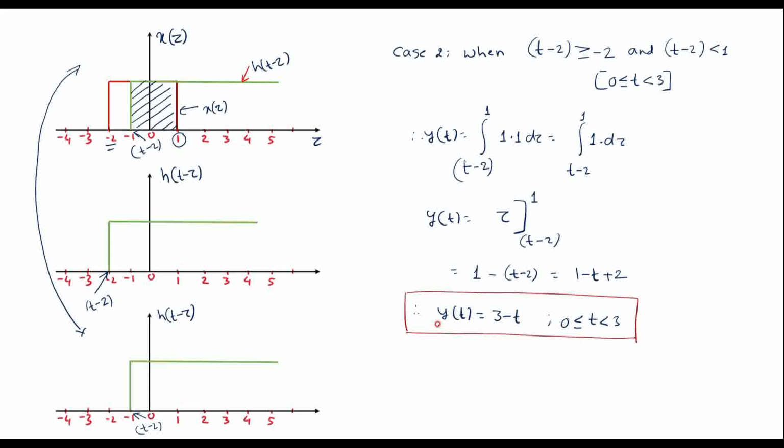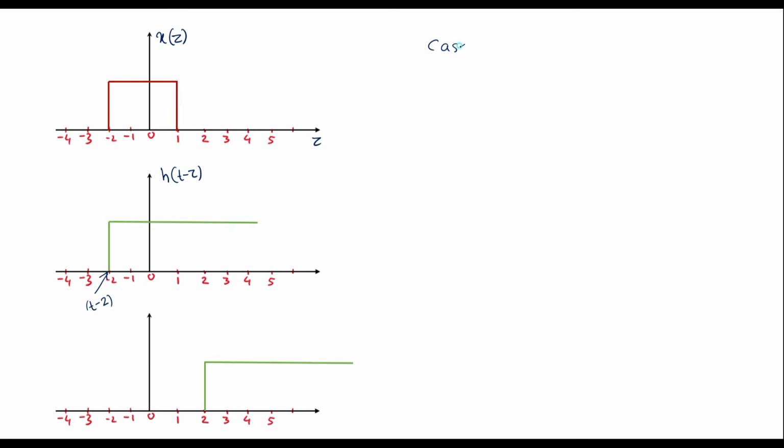Now we'll consider the next case, that is case number 3, when t minus 2 is greater than or equal to 1. That is the last case. So consider case 3, that is when t minus 2 is greater than or equal to 1.